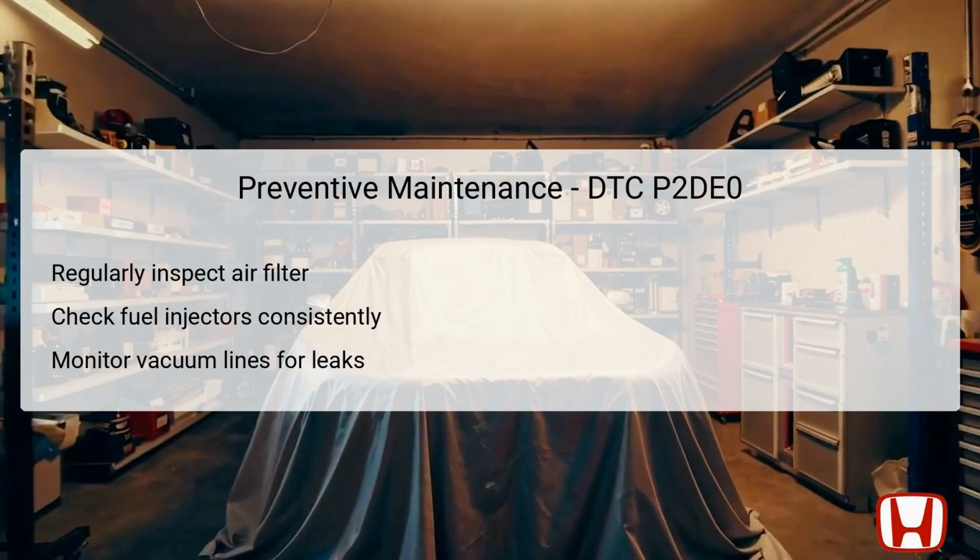Monitoring vacuum lines for any signs of wear or potential leaks is vital, as these leaks can drastically affect the air-fuel balance. Also, consider periodic checks of the MAF and AF sensors to confirm their reliability. Implementing these maintenance measures can help ensure your Honda CR-V operates at peak efficiency while mitigating any risk of future DTCs.